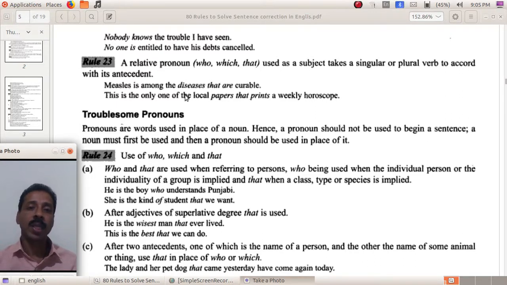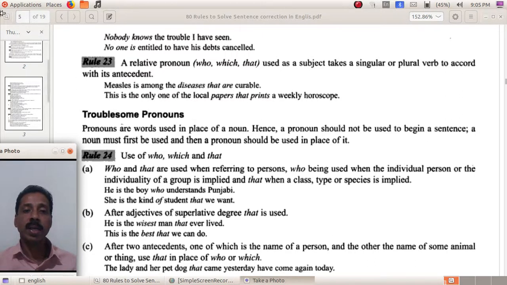So, as it is diseases, a plural verb is to be used. This is the only one of the local papers that prints a weekly horoscope. Only one of the local newspapers. So, as it is only one of the, a singular verb is used here.